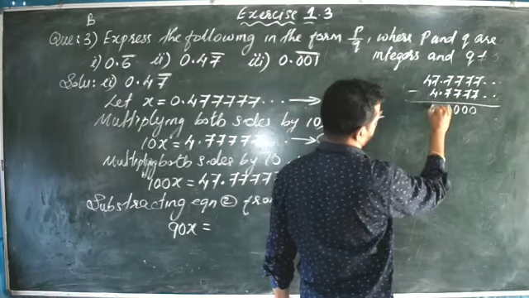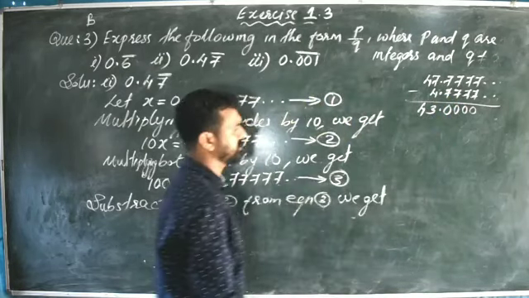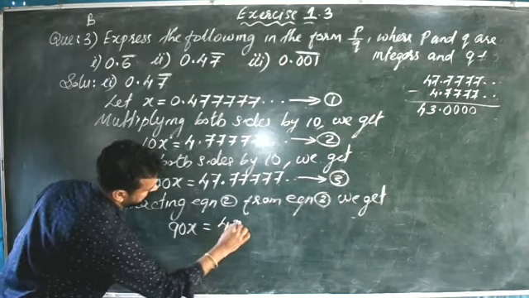Then 7 minus 4 is equal to 3, 43.0000 etc. That is 43.